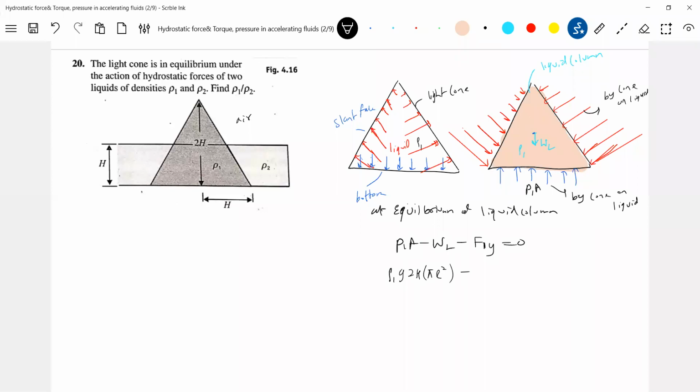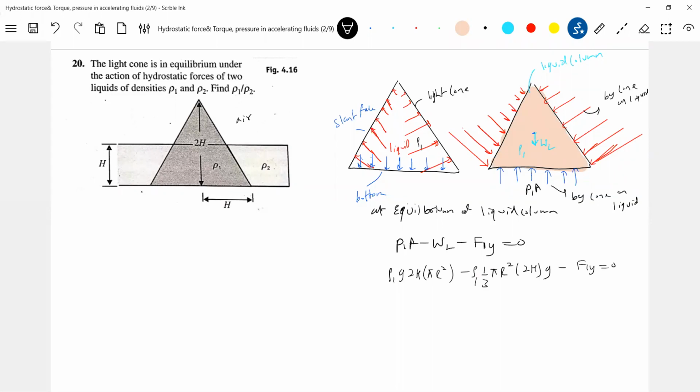Minus the weight of the liquid column. What is the weight of the cone's liquid? It should be equal to 1 by 3 pi r square 2h into g, the volume of the liquid in the cone. That's the weight of the liquid, minus F1y equal to 0. Density is missing, I'll write it here, rho 1.